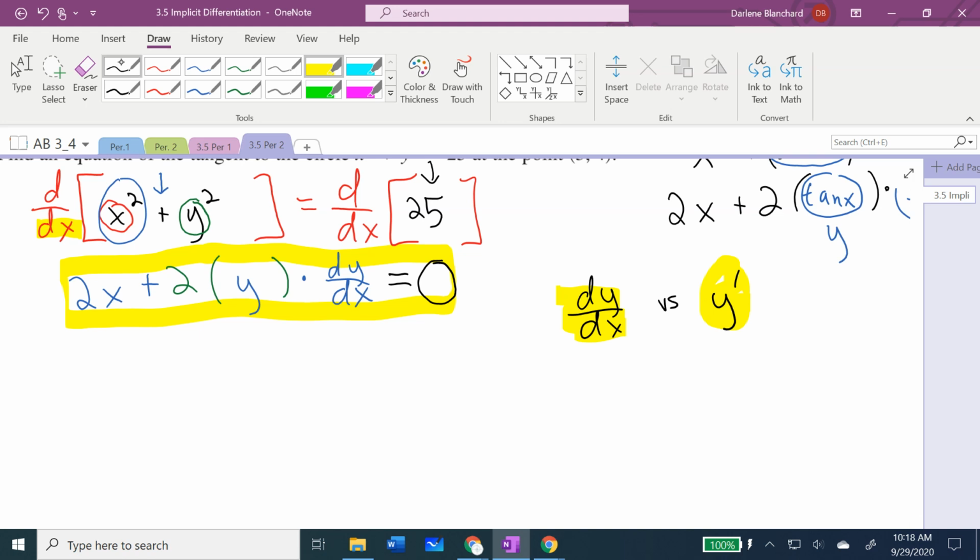But I now need to treat dy dx as a variable and isolate it. So to isolate it, I'm going to subtract 2x, and then I'm going to divide by 2y. And so I end up getting the answer as dy dx is negative x divided by y.